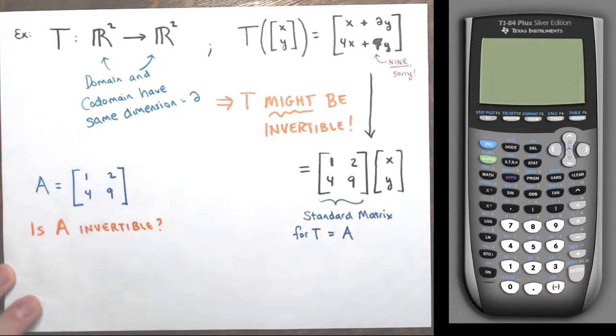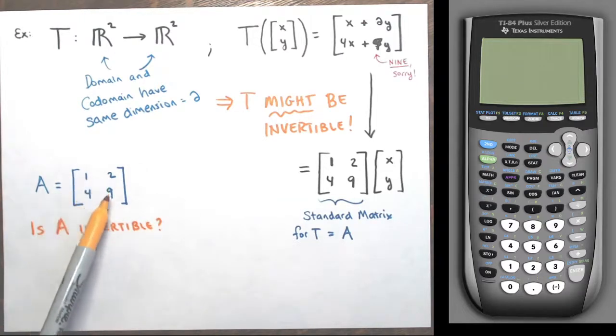Now you can answer this a lot of ways. You can put this into reduced echelon form, and if it's row equivalent to the identity matrix, it's invertible. If all the column vectors are linearly independent and it's a square matrix, it's invertible. Well, that's easy to check. 1, 4 and 2, 9 are not scalar multiples, so the column vectors are linearly independent, and this is a square matrix, so it's invertible. Another way, and something I'm going to use to find the inverse, is the determinant.